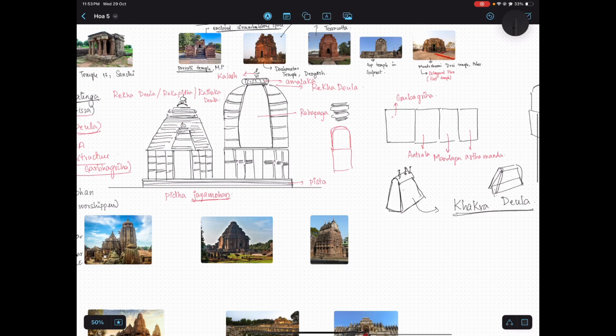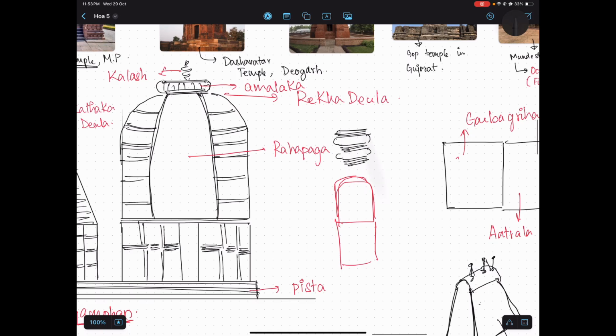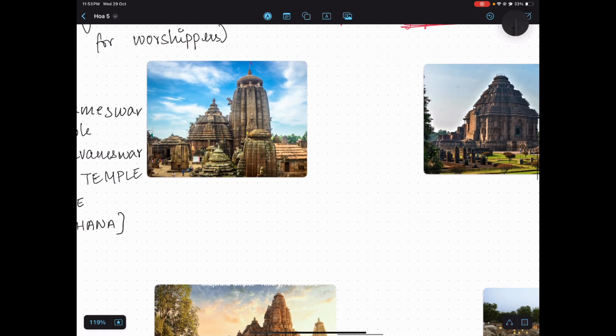And in this part of the Shikhara or the Deula, you have some vertical horizontal inscription followed by a circular disc. Now this disc is called Amala and this is called Bhumi. Let me show you an example. So this is an example of Rekha Deula. Our Jagannath temple in Puri and Lingaraja temple in Bhubaneswar are all examples of Rekha Deula.